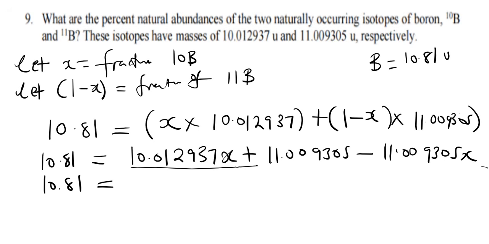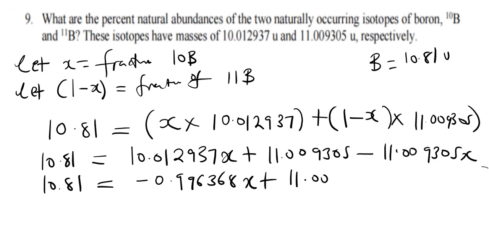So I've got 10.012937 minus 11.009305. I'm getting around negative 0.996368x, plus what has remained, which is 11.009305.